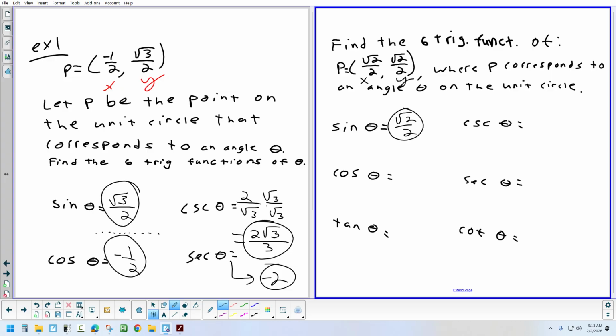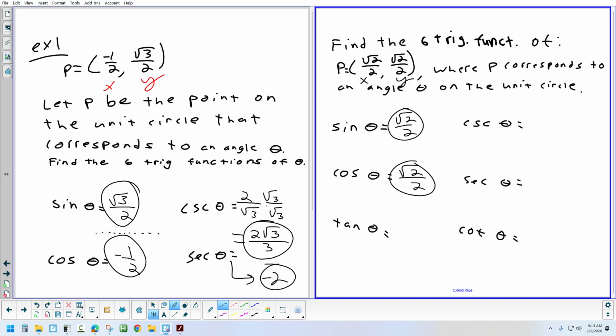How about cosine? What's the definition for cosine? X. And what's the x in this case? Square root of 2 over 2 again. Again, sine and cosine are easiest to do because they're given to you directly. Everything else we either have to divide or flip to figure out.